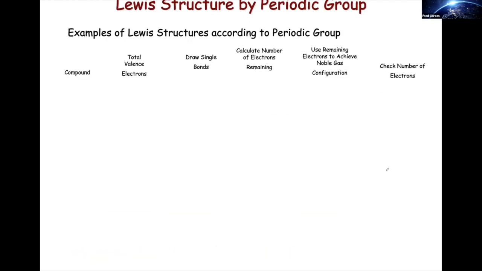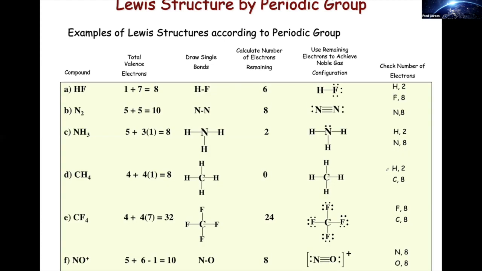Okay. So if you take a look at this, this is where we are going. We are going towards these right here. These are the Lewis structures. A Lewis structure is just the way we represent molecules based on their valence electron combination.